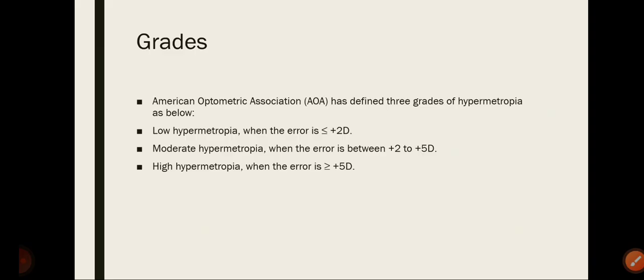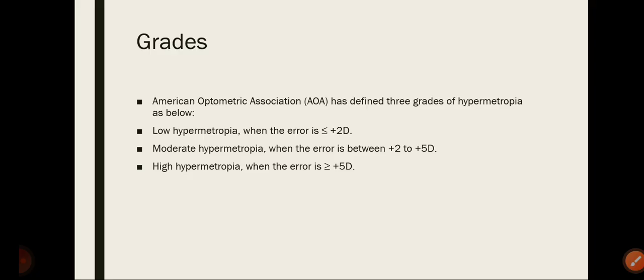Then the grades of hypermetropia. American Optometric Association, that is AOA, has defined three grades of hypermetropia as below. Low hypermetropia, where the error is less than or equal to +2 diopter. Moderate hypermetropia, when the error is between +2 to +5 diopter. And high hypermetropia, when the error is greater than or equal to +5 diopter.